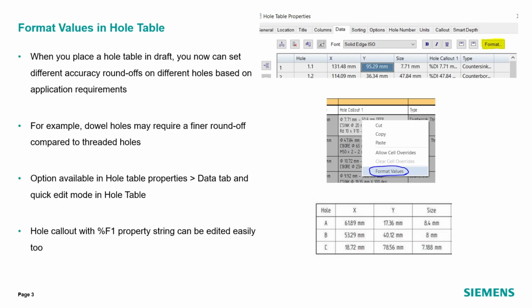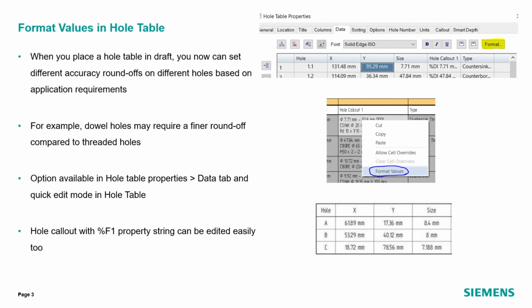So let's start with some of the enhancements that were introduced in the recent version of Solid Edge. Firstly, we have the option to format values in the hole table. So now when you place a hole table in draft, you can manually control each one of the cells, and change the accuracy round-offs for individual holes.